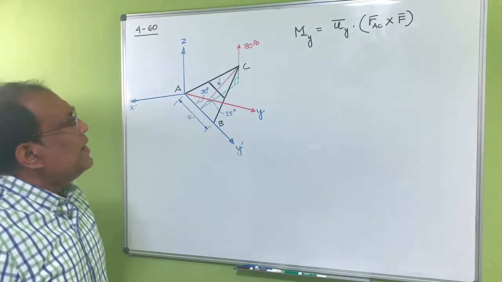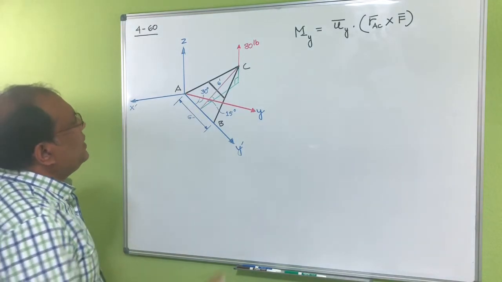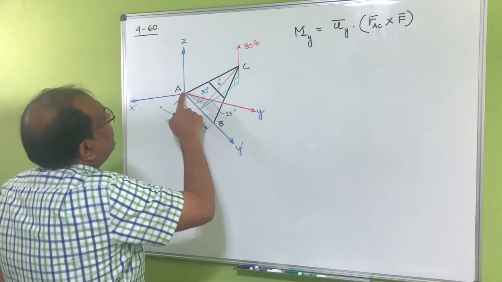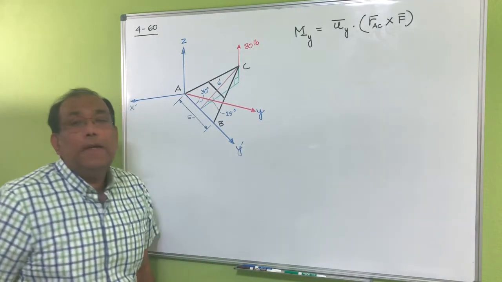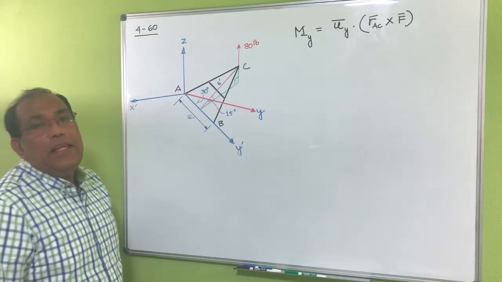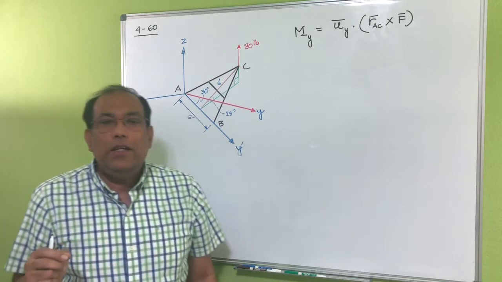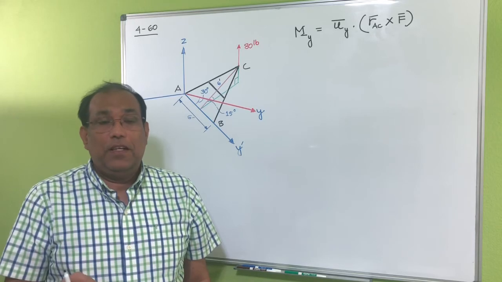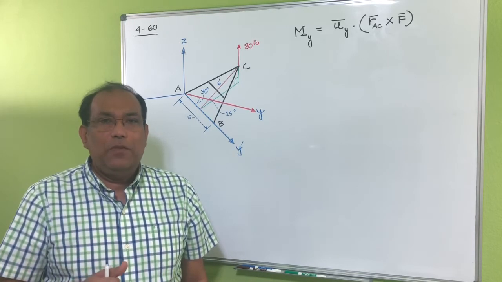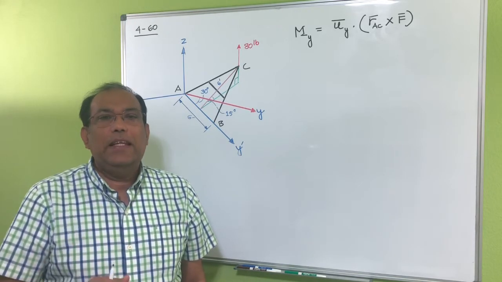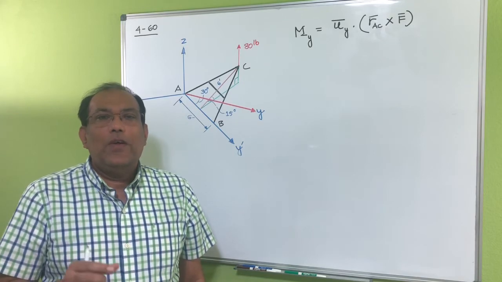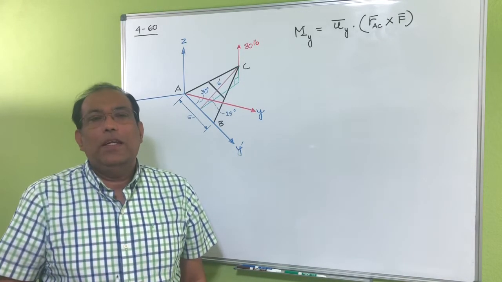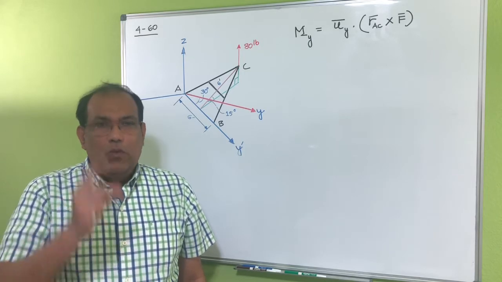Now I can just find out what would be the unit vector to go this way. But to find the unit vector, you need to first write the position vector. Then divide your position vector by the magnitude, so that for a unit vector the length would be only unit.